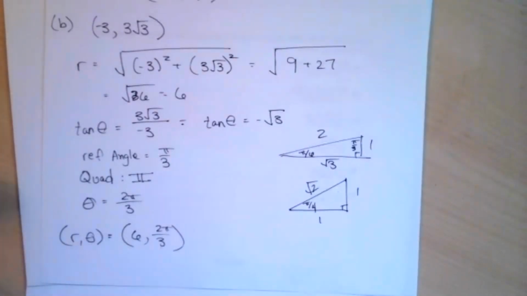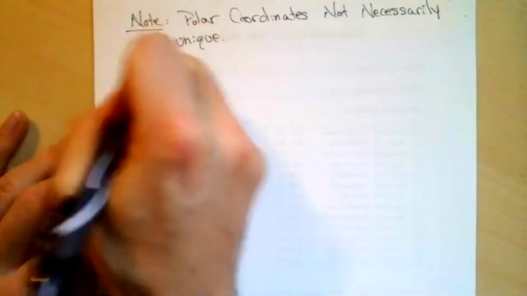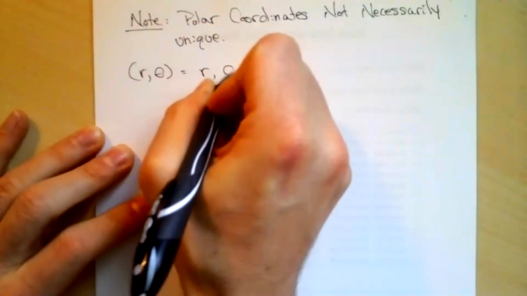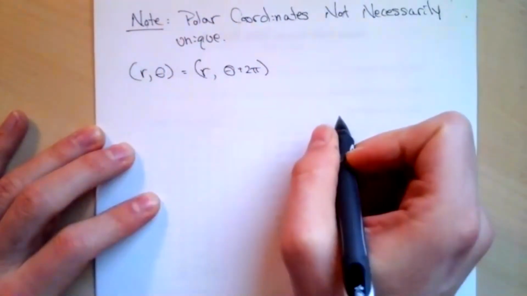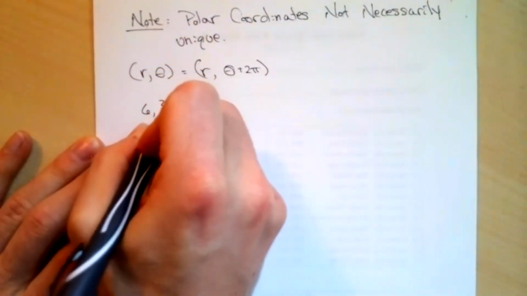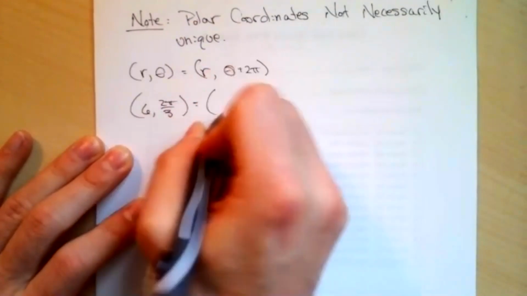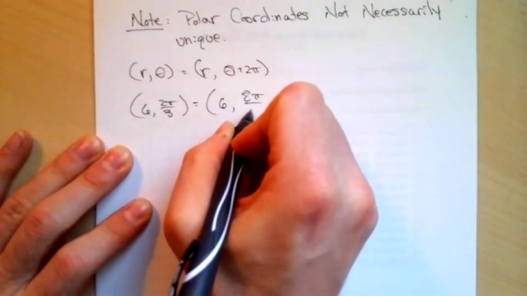And if we did, we would still essentially get the same point. Namely, our theta is going to be the same as our theta plus any multiple of 2 pi. Right? In the last one, we had 6, 2 pi over 3. That would be the same as 6, 8 pi over 3.